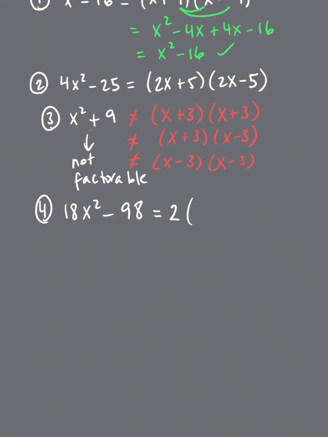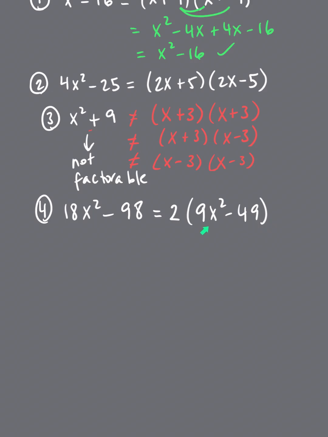If we factor out a 2, 18x squared divided by 2 is 9x squared, and 98 divided by 2 is 49. So we do need to make sure we leave this 2 out front because we are factoring here. If we multiply the 2 back through, we would get the 18x squared and then the minus 98. Now in parentheses, we do have the difference of two perfect squares.